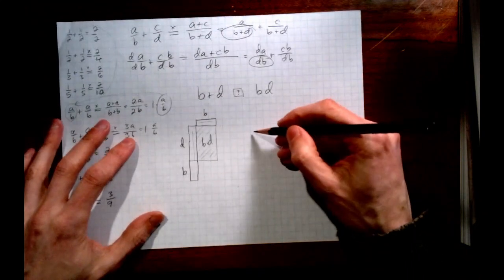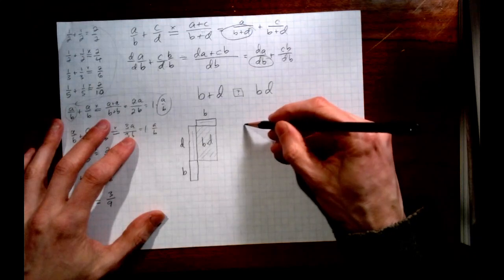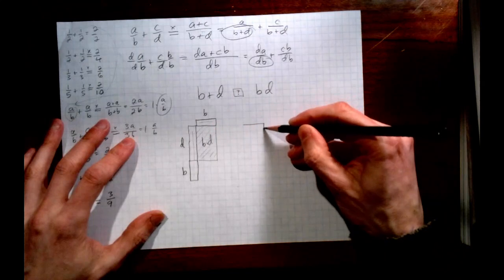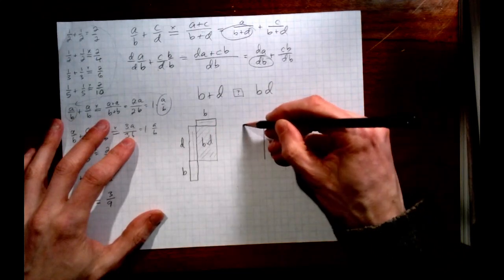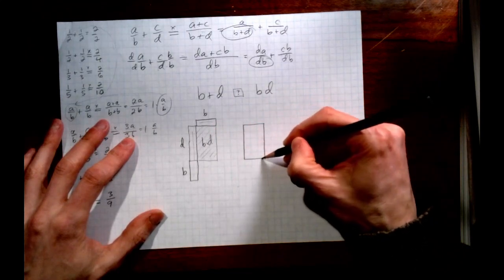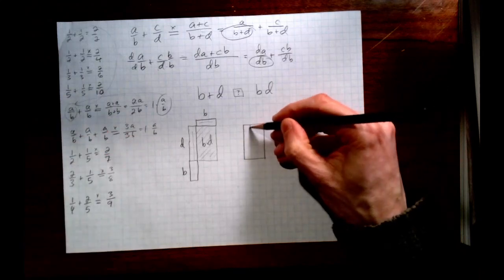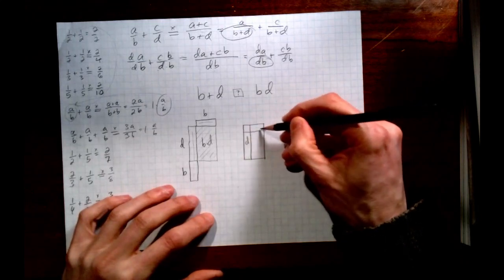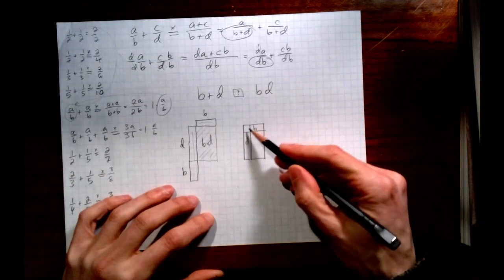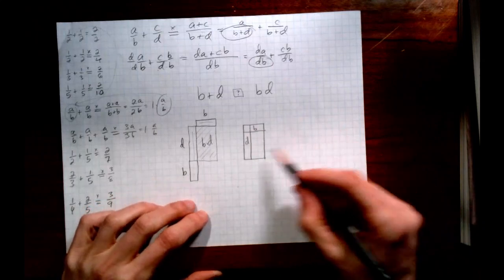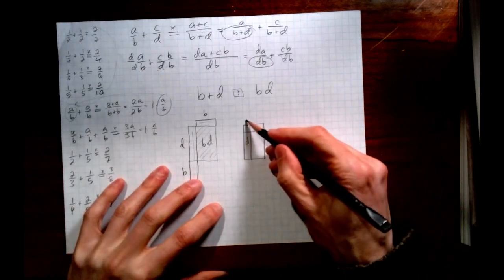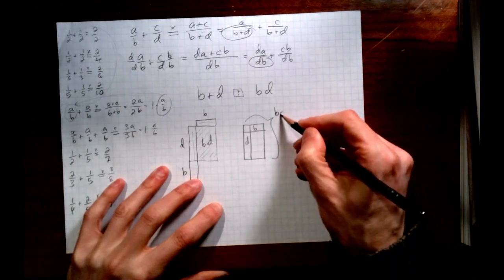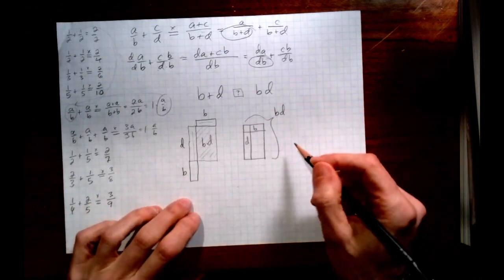Now I'm getting this idea. What if I push those inside? So now I have d here, and I have b here, and this whole shape is b times d. I'll put a little weird bracket here. B times d. I don't know where this is going.